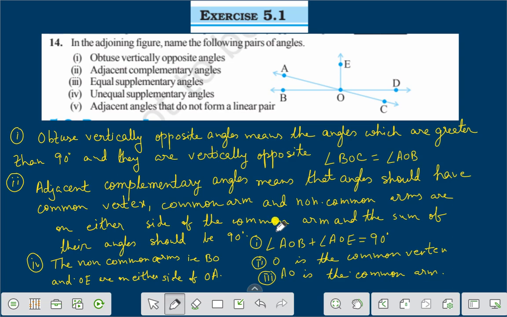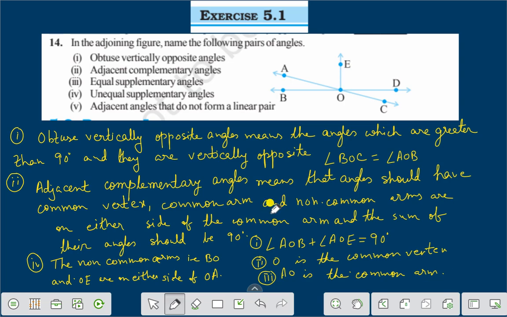The first one is that the angle should be 90 degree, therefore angle AOB and angle AOE are 90 degree. Therefore we can say that angle AOB and AOE are complementary adjacent angles.